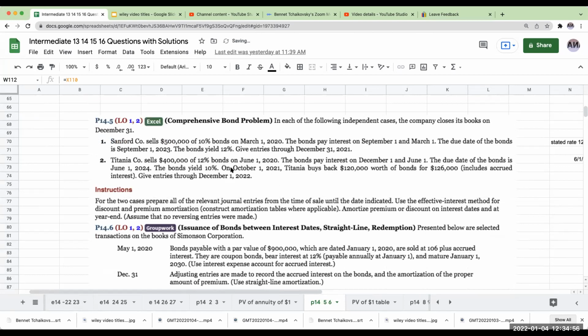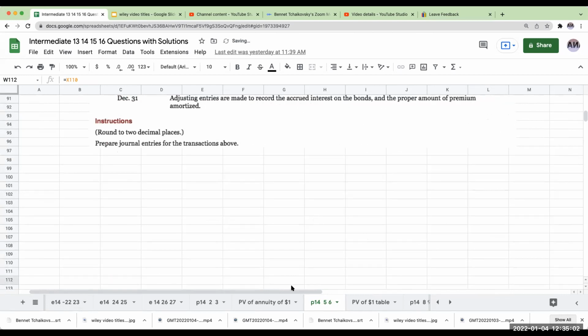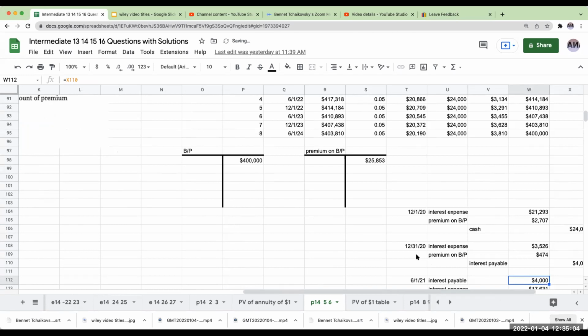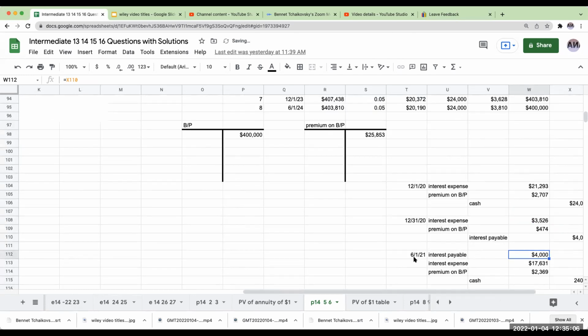The bonds yield on October 1st, I'm buying them back for 120. Before I buy them back, I want to show where my premium is prior to the buyback. So if I look at the premium, this is 2,707, 474, 2,369.